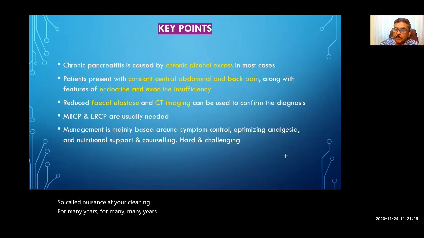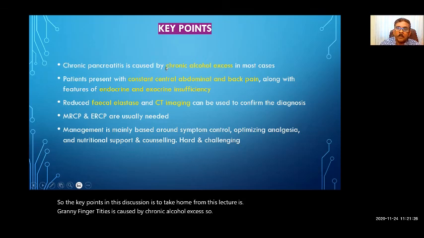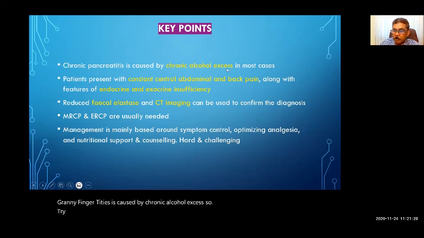So the key points to take home from this lecture: chronic pancreatitis is caused by chronic alcohol excess. So try not to get addicted to alcohol. Most of these patients, because of chronic use, become dependent on alcohol.